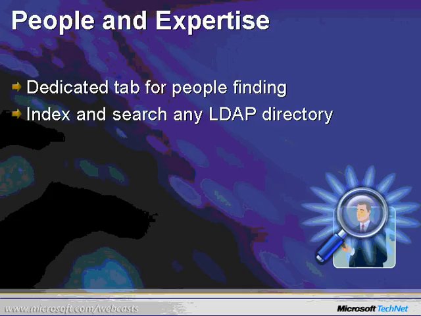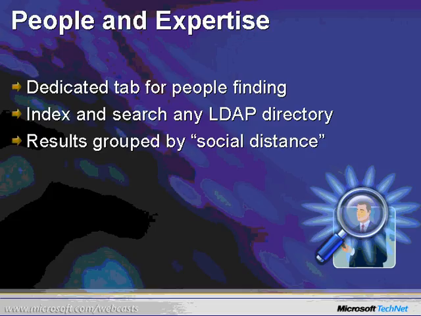In reality, what happens is that we need that initial LDAP connection to import that information into our index. So when you create a search for people, you're not actually touching the Active Directory domain controllers for the results. You're looking at the local index set that's built on the Exchange server. So in a sense, we import that information into the index for searching and querying. Once again, part of the information we're importing is some of the security around that. And we also have results with what I call social distance.